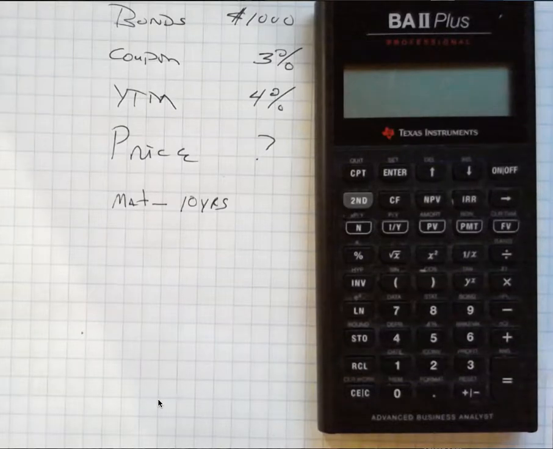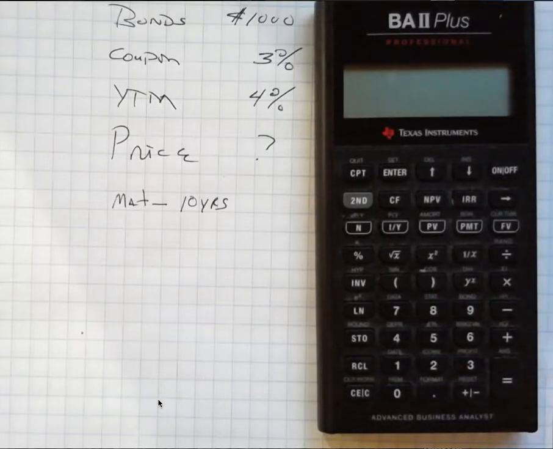Or if the yield to maturity happens to be less than the coupon, the price of the bond in the marketplace will be something greater than 1,000. We would refer to that as a premium bond. So, yield to maturity greater than the coupon, discount bond, less than 1,000. If the yield to maturity is less than the coupon, something more than 1,000, we would refer to that as a premium bond.